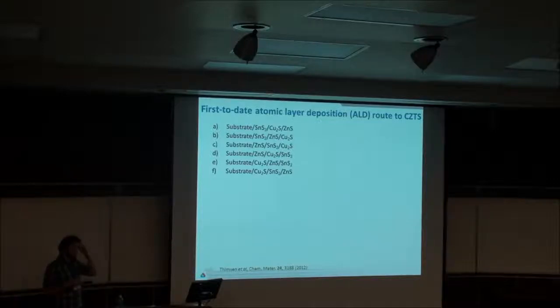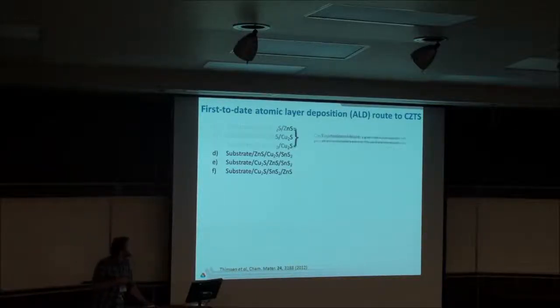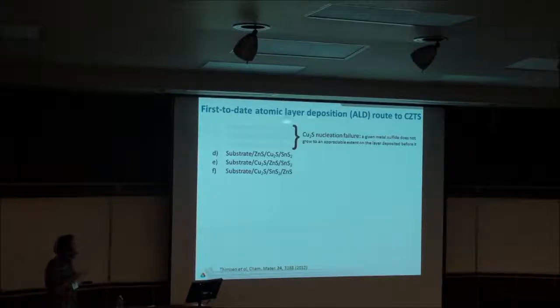Since we have three different binaries, you can think of six different ways of growing three-layer stacks by atomic layer deposition.